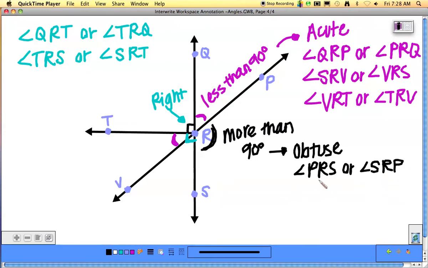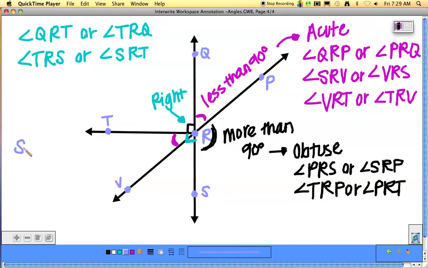I don't really see any more obvious ones, but you can look at this angle that takes the right angle and the 90, and I see that it makes it wider. So you can also say that angle TRP is obtuse, or angle PRT. Sounds like party, and it is a party. It's an angle party.